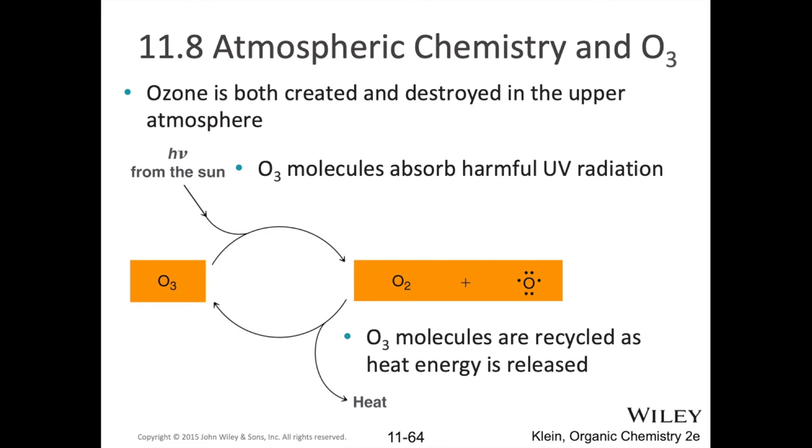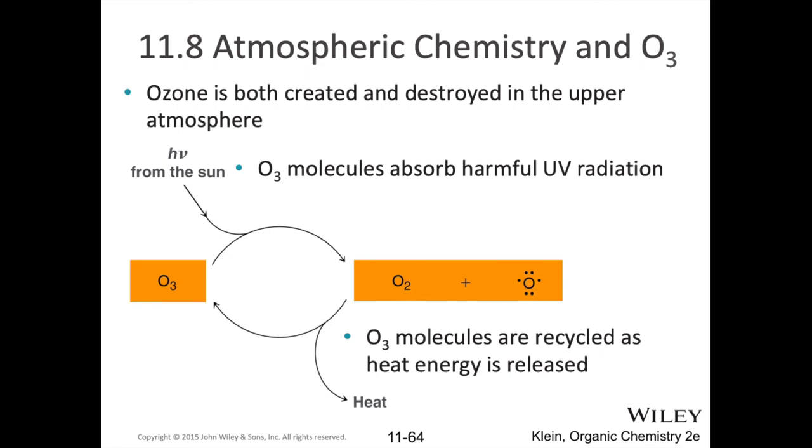Okay, so we have this sort of cycle where oxygen and oxygen radicals or oxygen atoms constantly form ozone, and at the same time that ozone decomposes back into oxygen molecules.